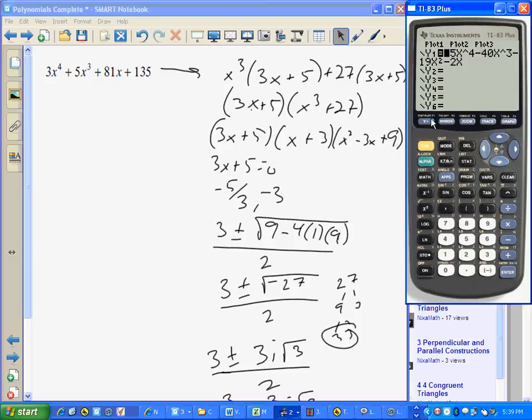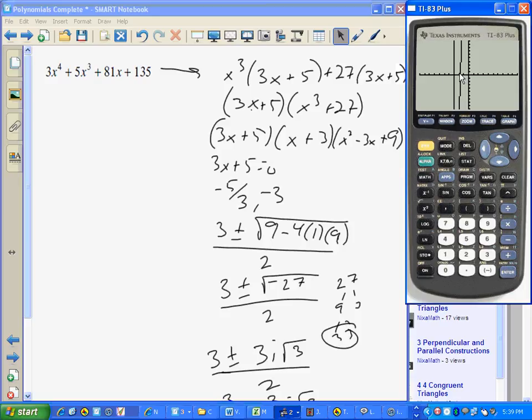So that means if I was doing this by graphing, let's zoom standard. Okay, I'd see 2 there. I would see that my possible denominators are 1 and 3, so I want to see whole numbers and thirds.